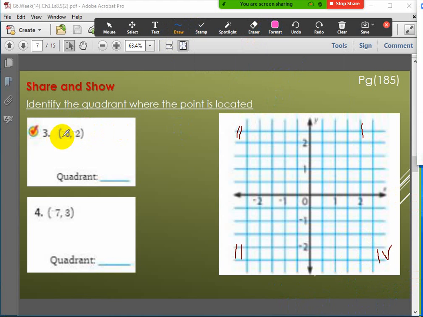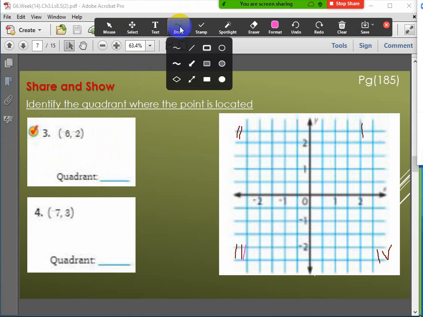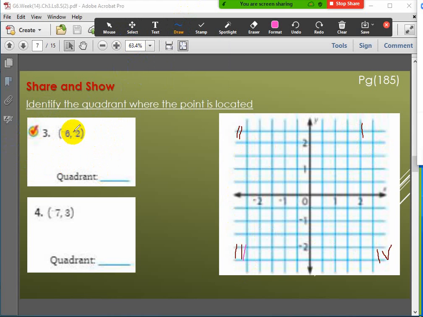Yes, dear. Now look, the point is (-6, -2). In which quadrant is this point located? The first one, the second one, the third one, or the fourth one? The x is negative, the y is negative.